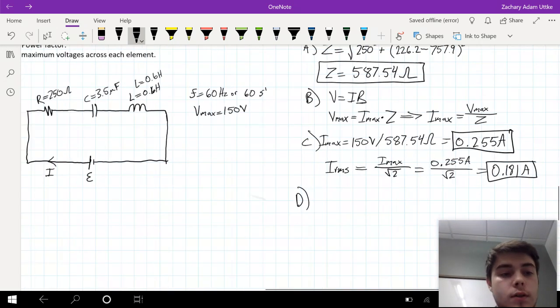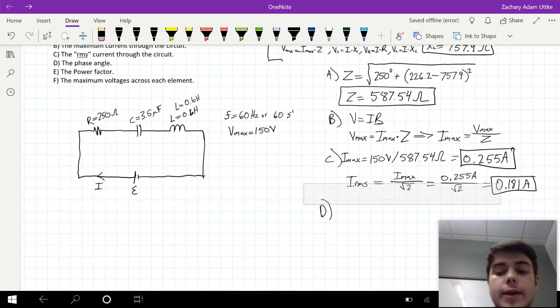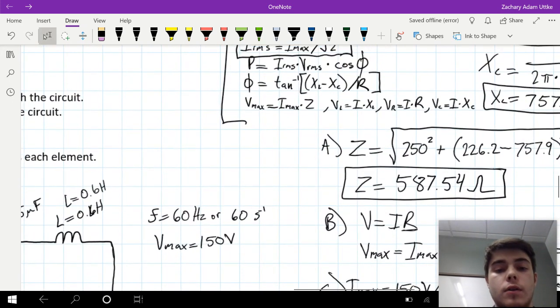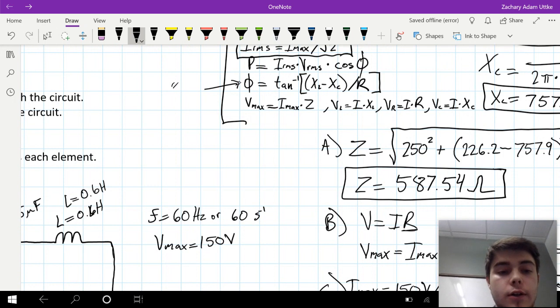Let's keep moving, see what part D is. The phase angle. Okay, so to find the angle, this angle right here is called phi. We just have to plug in these different values that we have from earlier.